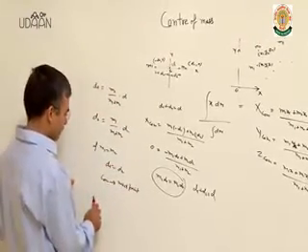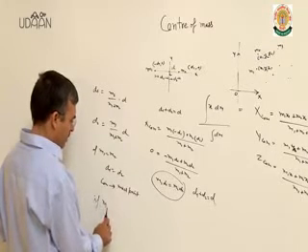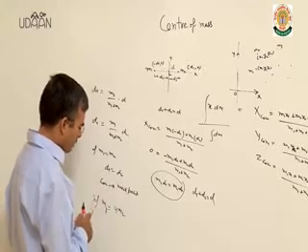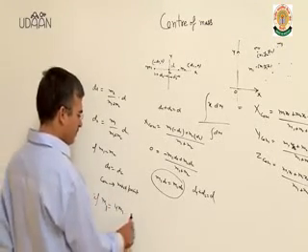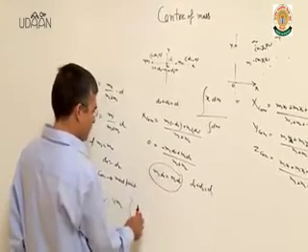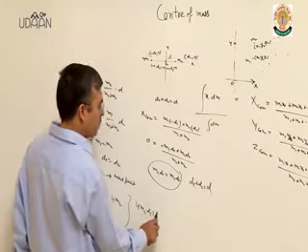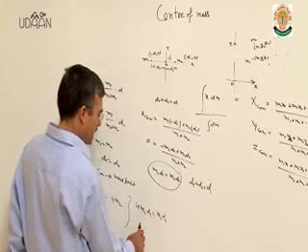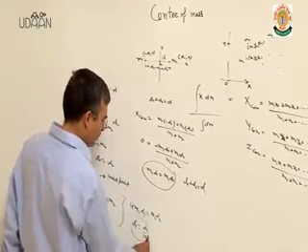If m1 is 4 times m2, then if you apply this equation, 4m2 into d1 equal to m2 into d2, you will get d1 equal to d2 over 4.